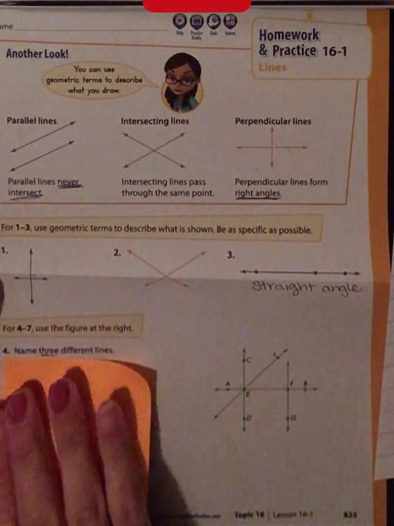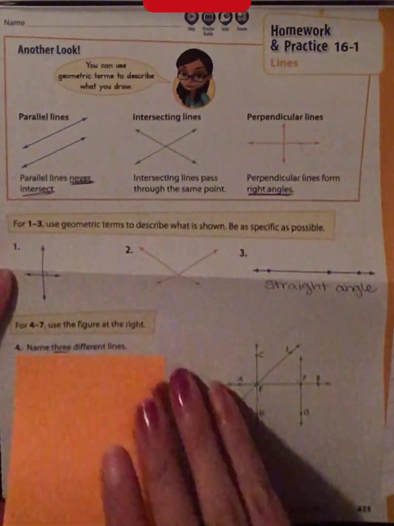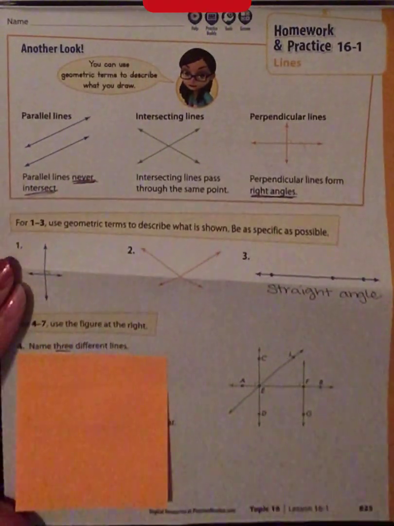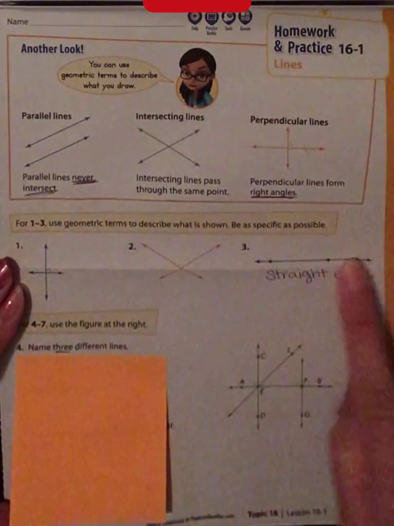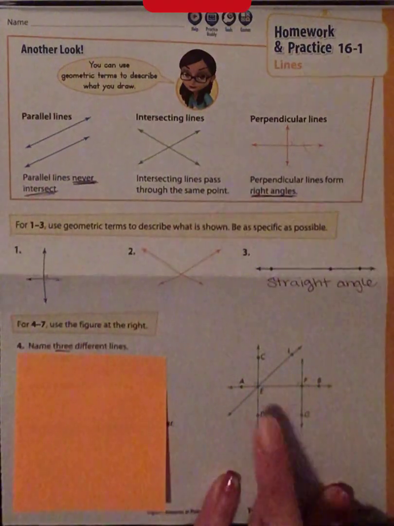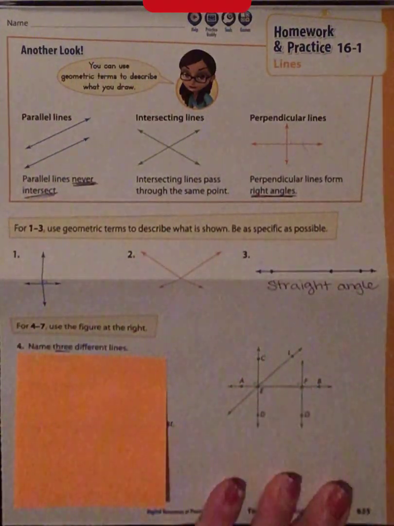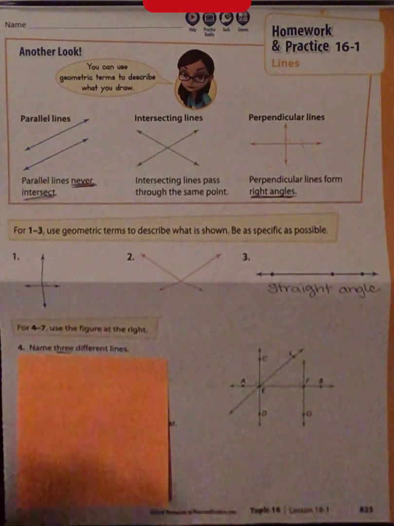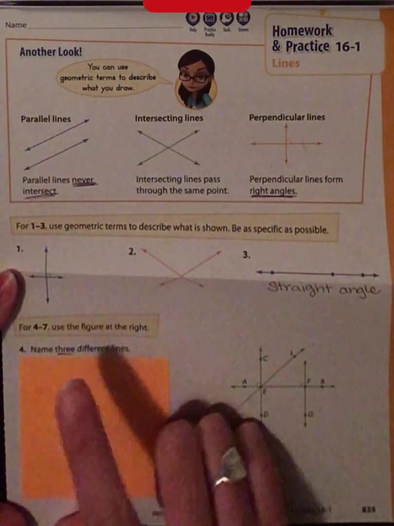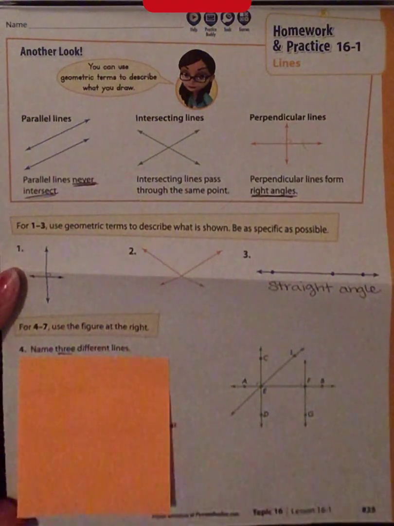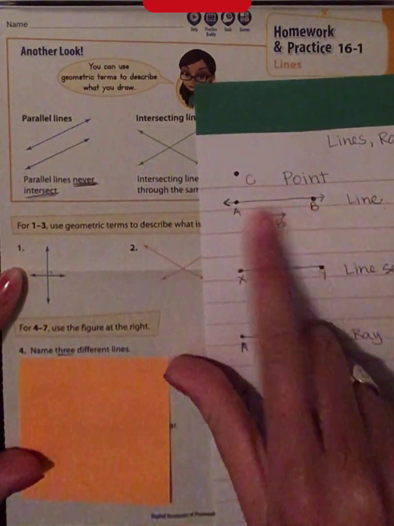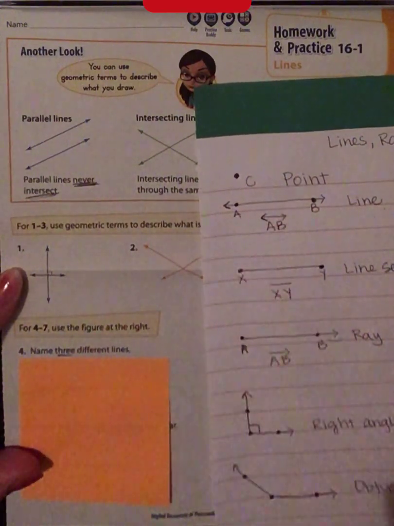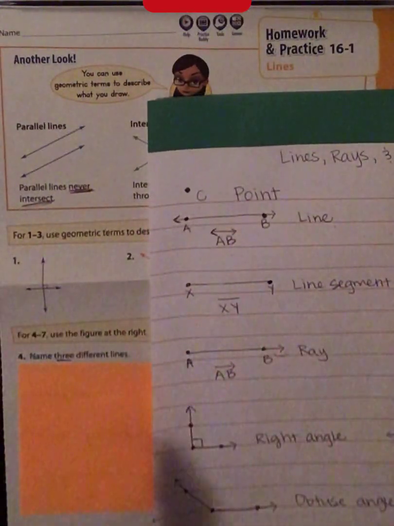Looking at 4 through 7, it says use the figure to the right. That's right over here. You'll see in front of you, it's got your right angles and your intersecting lines, your perpendicular, all of that. Here it asks us to name 3 different lines. Remember, a line goes on and on forever and ever. A line segment stops.